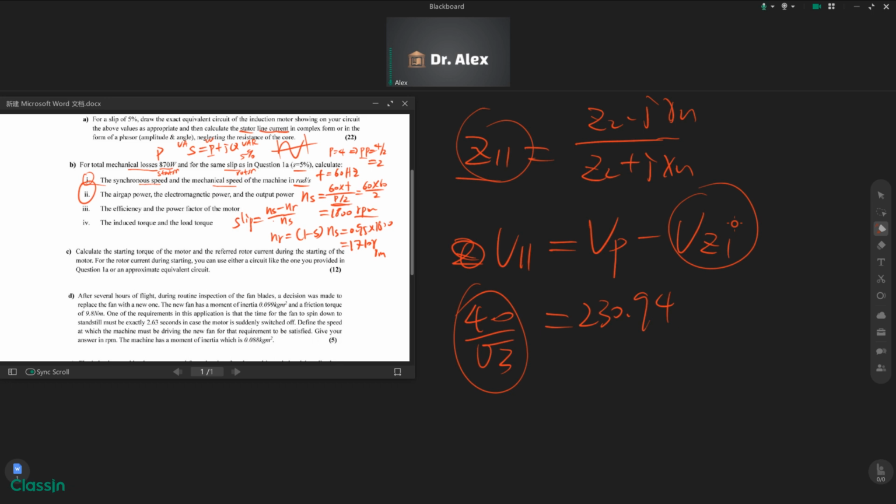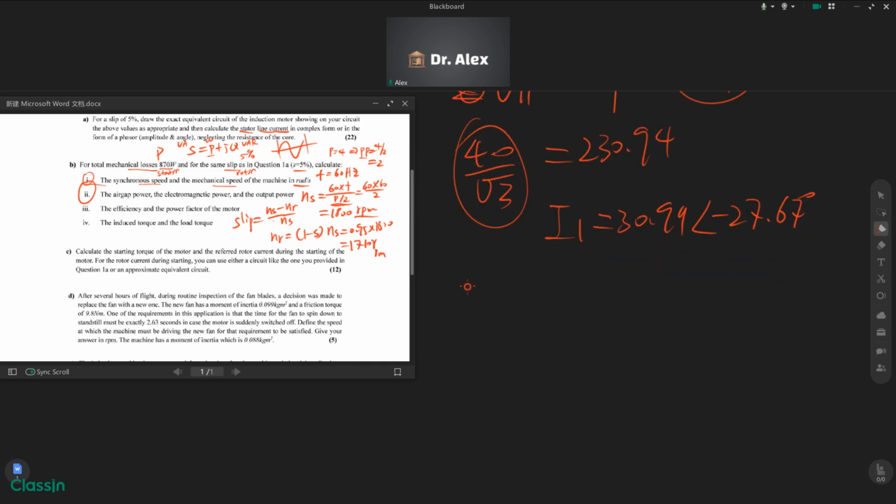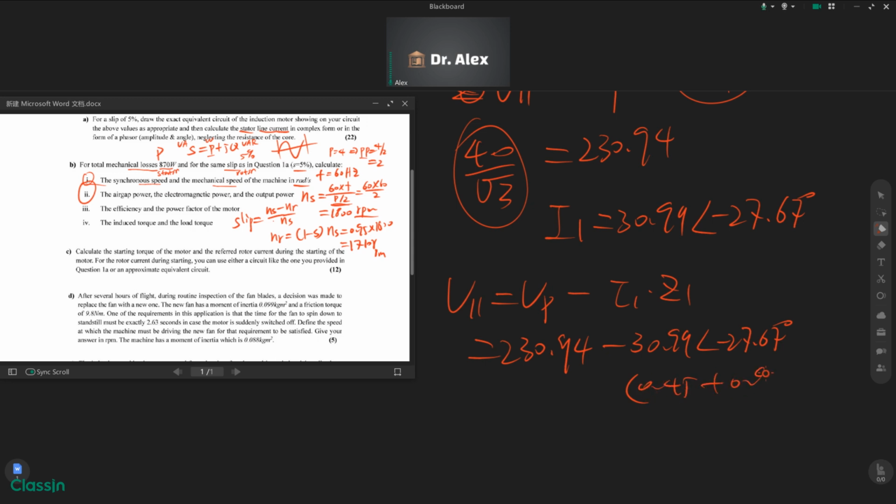So what is the value of VZ1? We get the entire current in the circuit from the previous question, which is I1. I1 equals 30.99, and the angle is minus 27.67. So the V parallel equals VP subtract I1 times Z1, which is 230.94 subtract 30.99 with this angle times R1 plus jX1, which is 0.45 plus 0.9j.